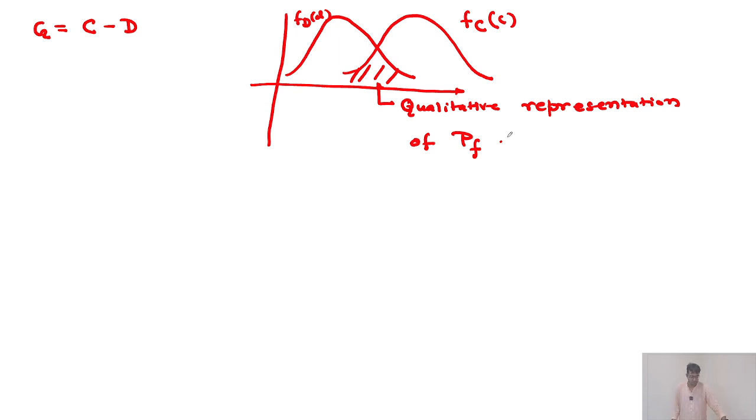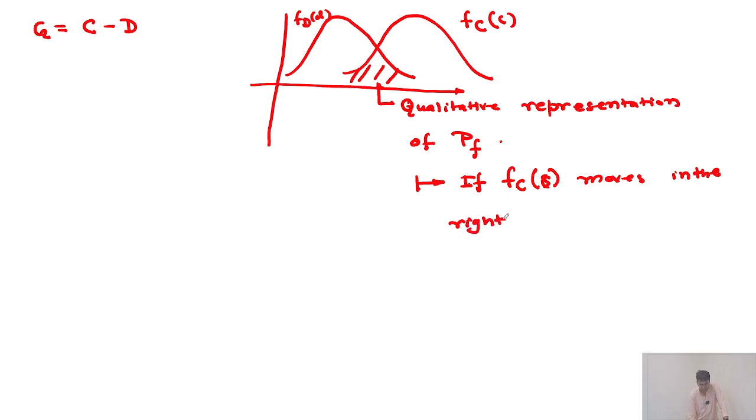And this means that if f_C moves towards the right, PF reduces, and that is quite clear because then C is always going to be greater than D.